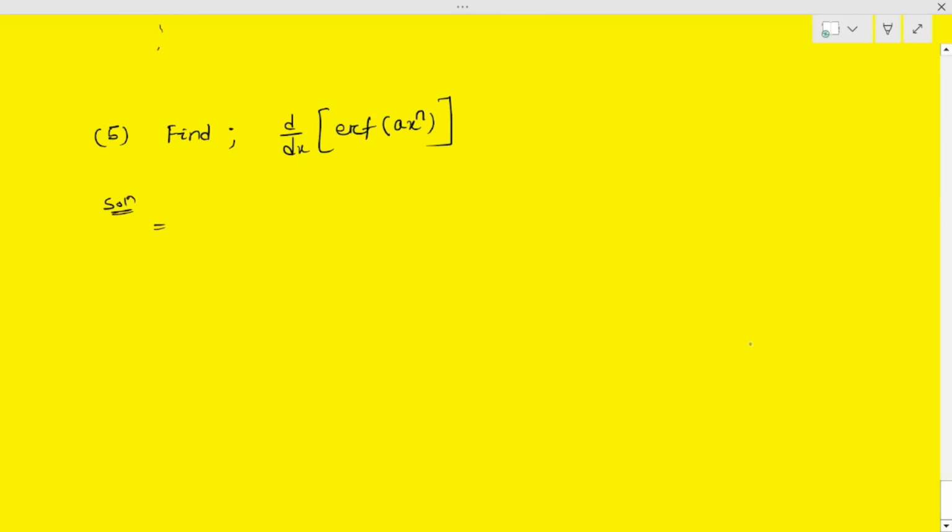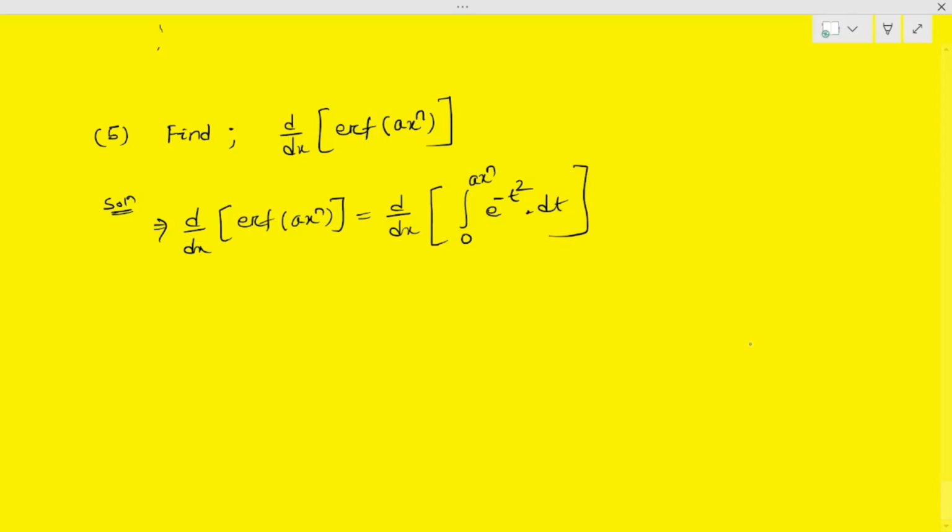Here d by dx of the error function of a x to the power n can be written in this format as d by dx of, here error function means integral from 0 to a x to the power n of e to the power minus t square dt. Sorry, here I forgot to write 2 by root pi.